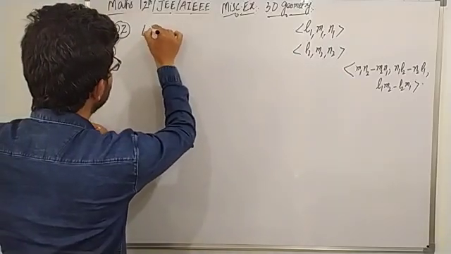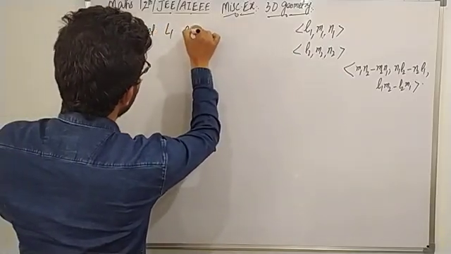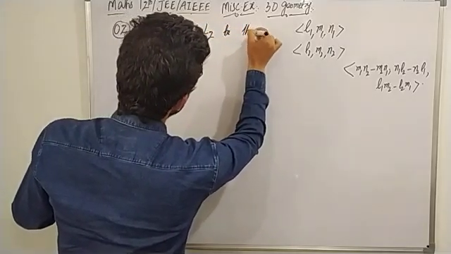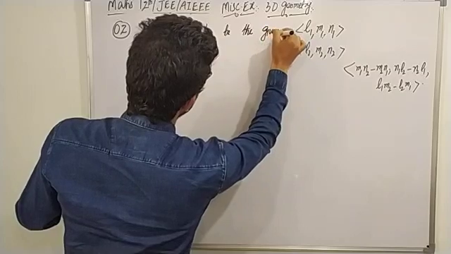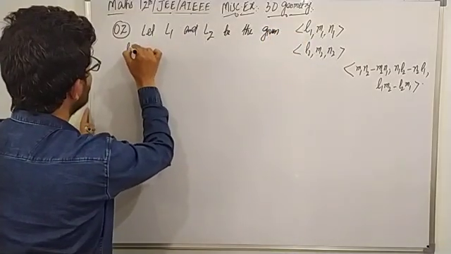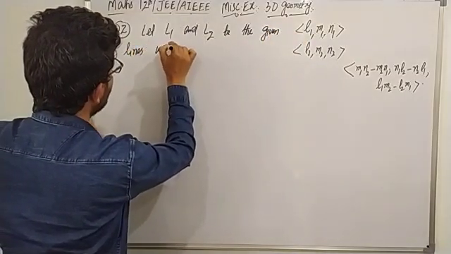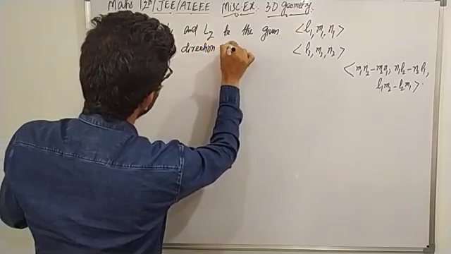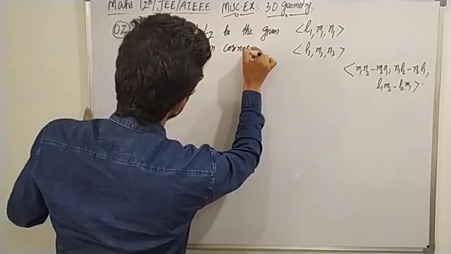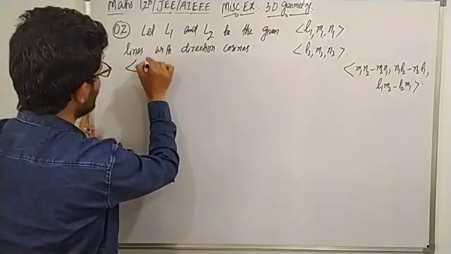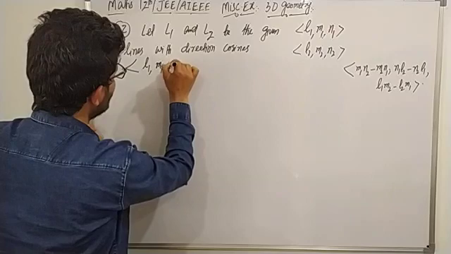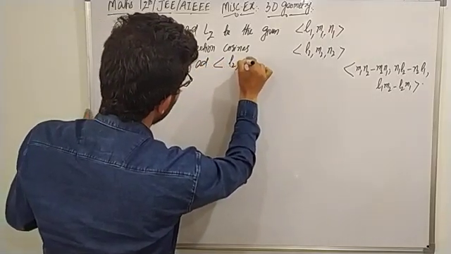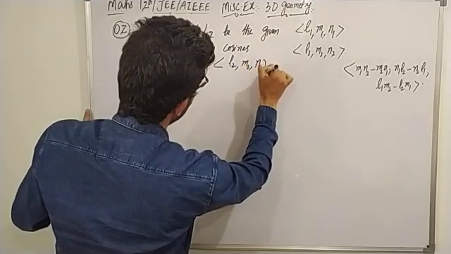Let L1 and L2 be the given lines with direction cosines the ordered 3 tuple of L1, M1, N1 and the ordered 3 tuple of L2, M2, N2 respectively.